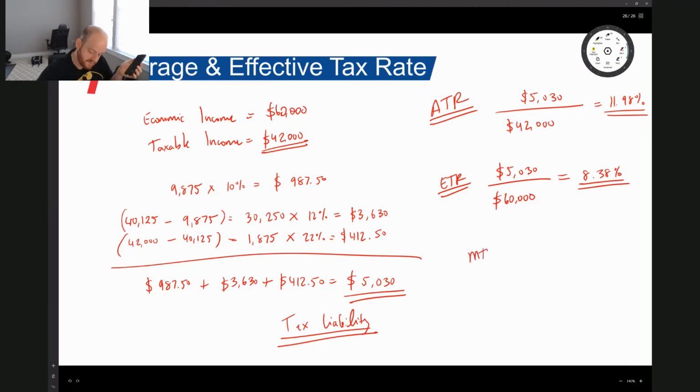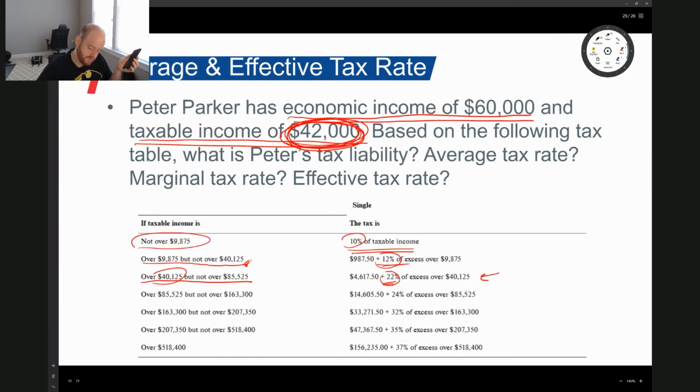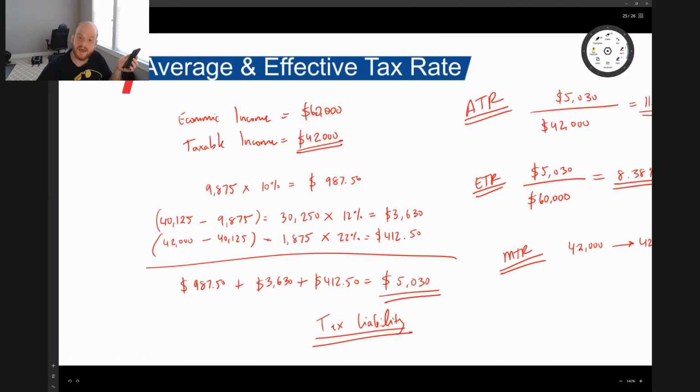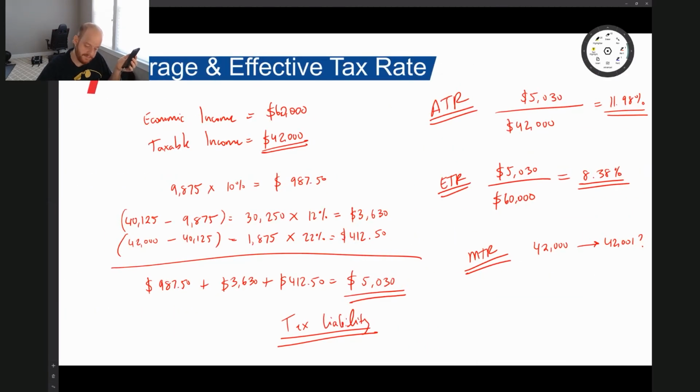And his marginal tax rate: what happens if his taxable income goes up from 42,000 to 42,001, right? Well, that income would still be taxed at 22%. So his marginal tax rate is going to be 22%.